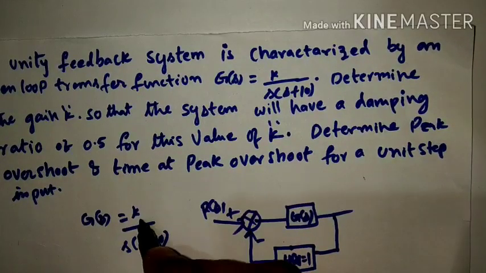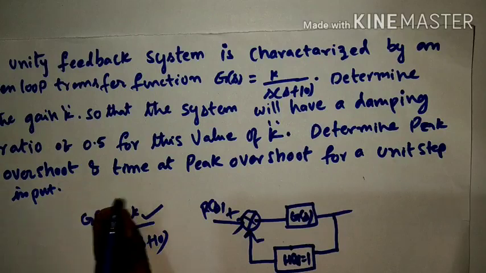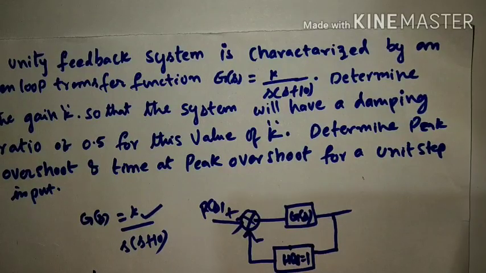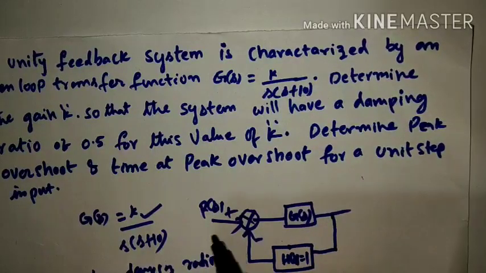We have to find the gain K. They have given the system damping ratio as 0.5.